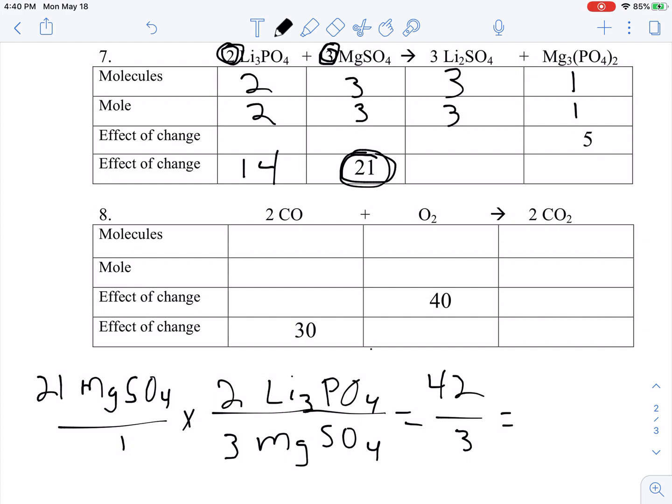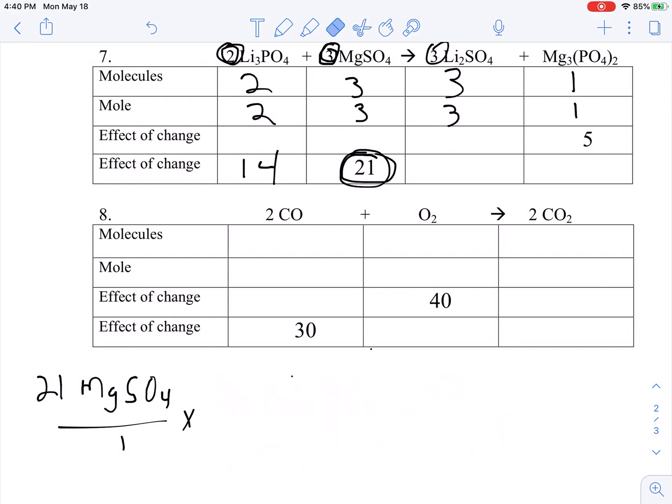What about the lithium sulfate? What about this one here? Okay, well, we can do that one as well. Okay, we're starting out, remember, with 21 now instead of 3. So the mole ratio between magnesium sulfate, 3 MgSO4. Okay, and I'm just getting that number from right up here in our balanced equation, for every 3 lithium sulfate.